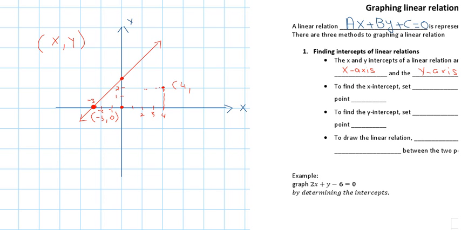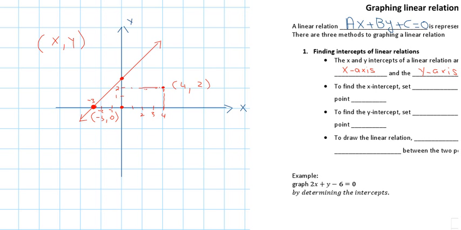So when I'm asking you about a point, I'm looking for the x value and the y value of that point. Going back to my x-intercept, it's going to have an x value of -3 in this case, and the y value is going to be 0. For any x-intercept, the y value is going to be 0. It's not going to change.